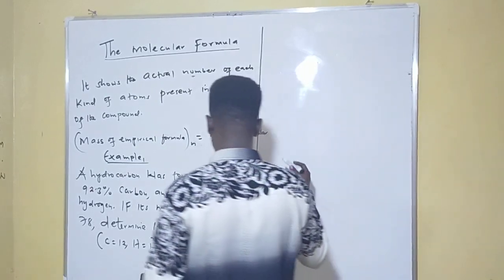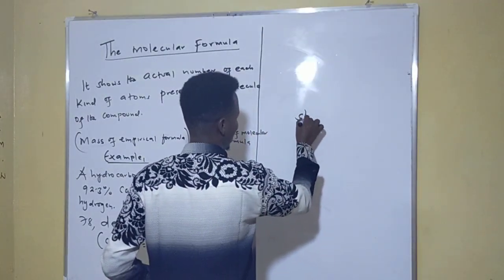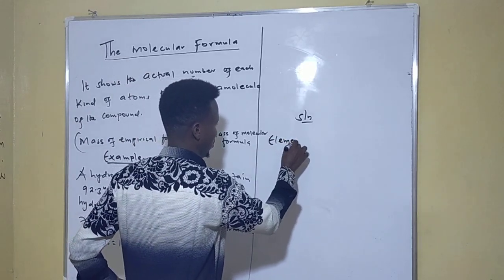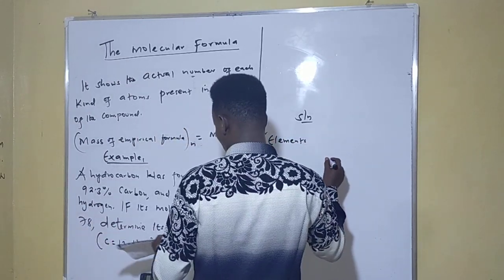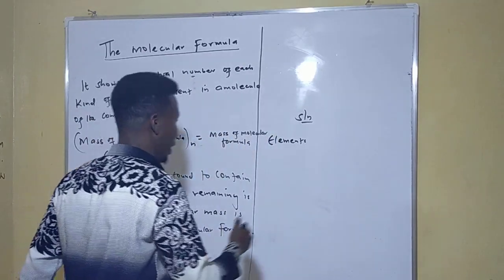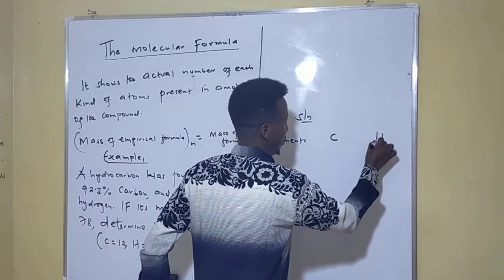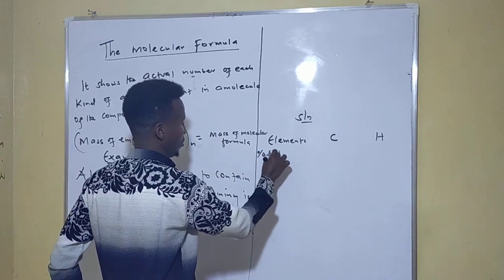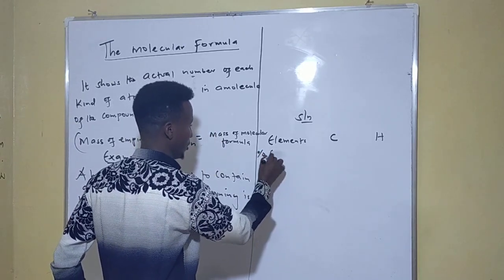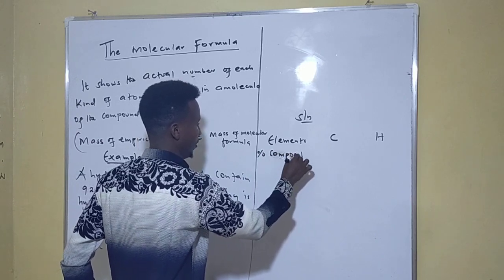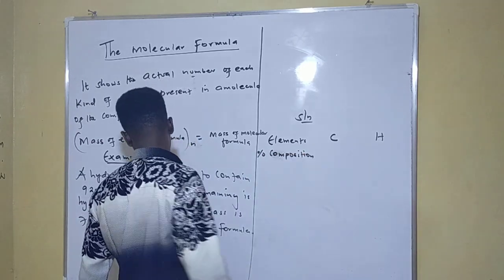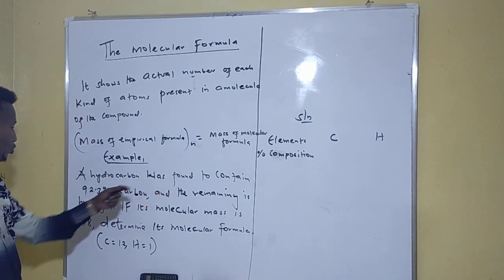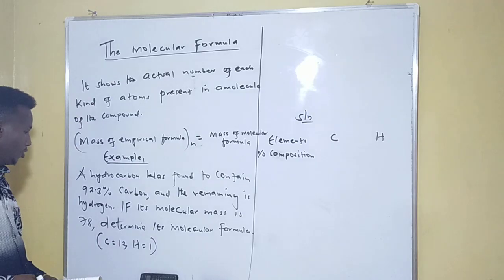So coming to the solution part, look here. This is the solution part. We have the elements, carbon and hydrogen, C and H, and their percentage composition. They said the hydrocarbon was found to contain 92.3% carbon.